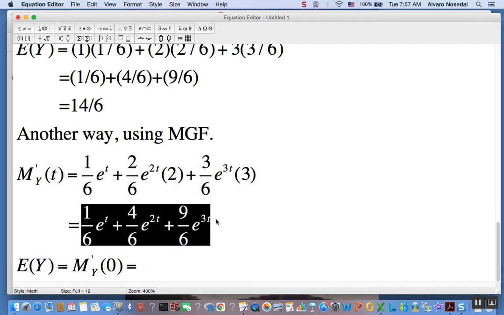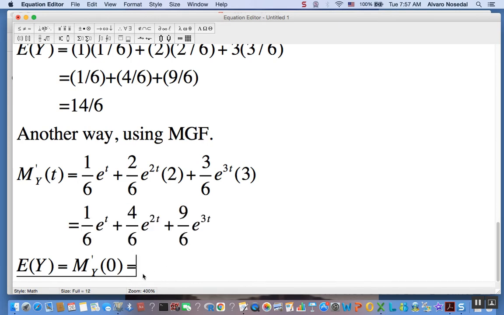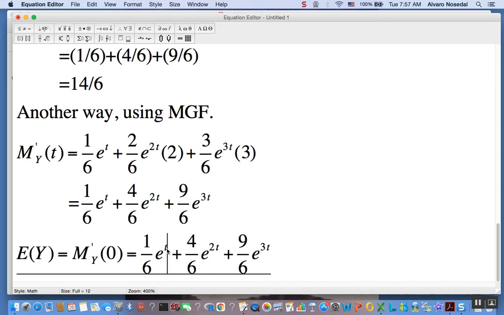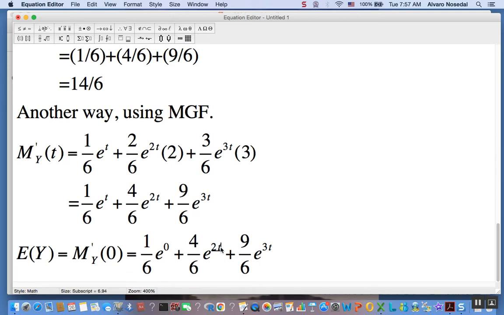So let's just see what happens when we evaluate at 0. So we have e to the power 0, e to the power 2 times 0, e to the power 3 times 0, right?